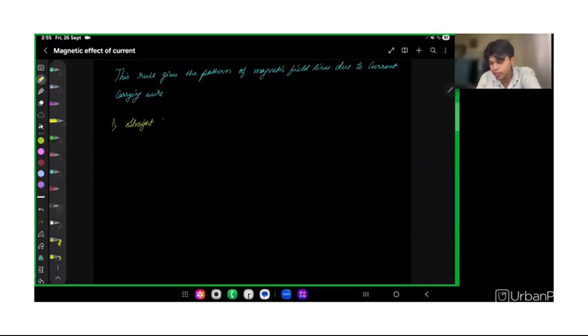If the current is straight, these actions are very important. Please don't confuse yourselves. Thumb in the direction of current, curling fingers give the field line pattern.